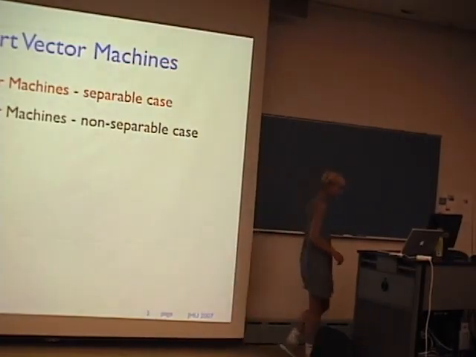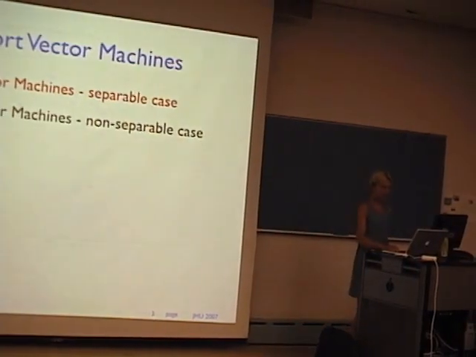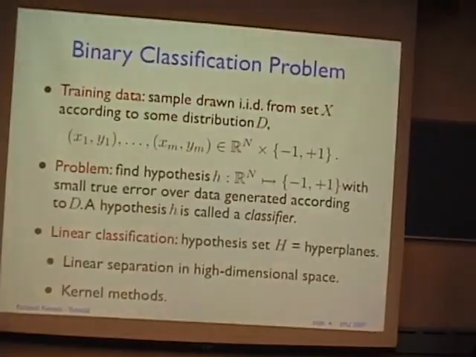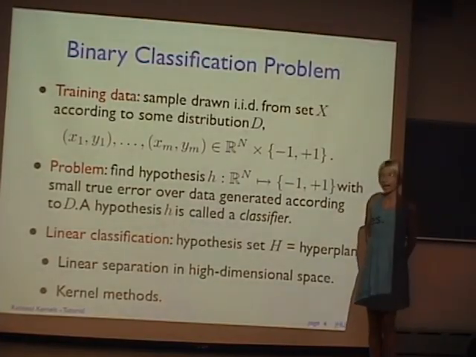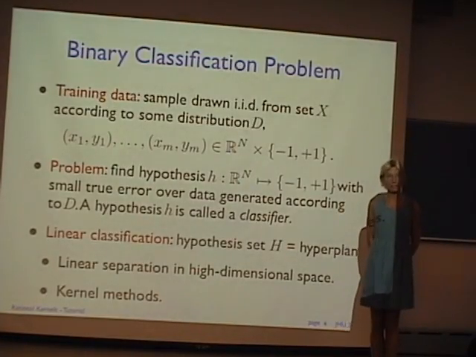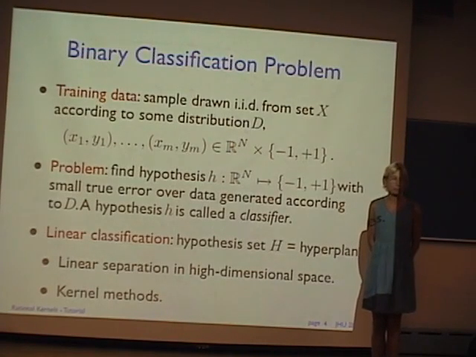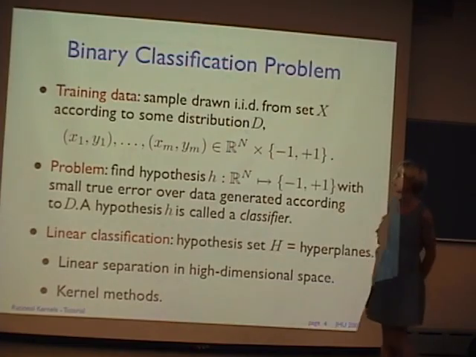So anyway, I assume that you know what a binary classification problem is, at least. I will only be talking about binary classification problems, or actually multi-class classification problems. There are also support vector machines for regression problems, SVRs, but that we will save for another time.